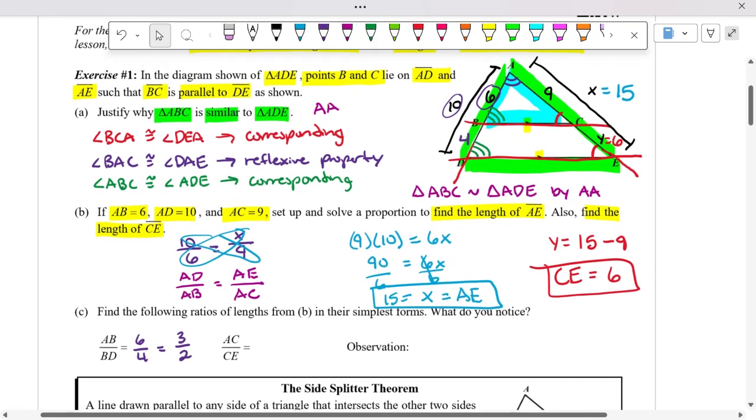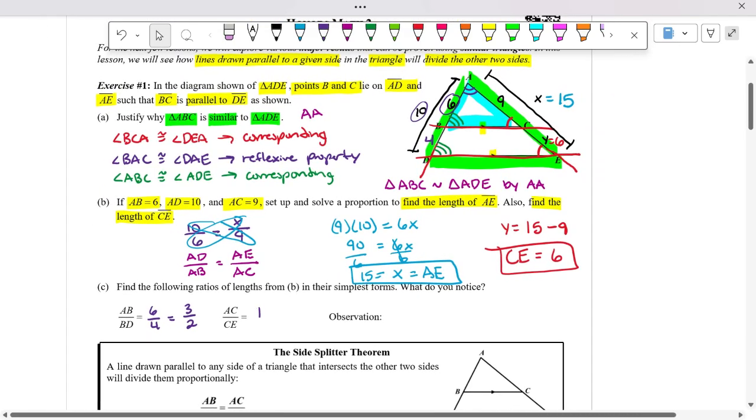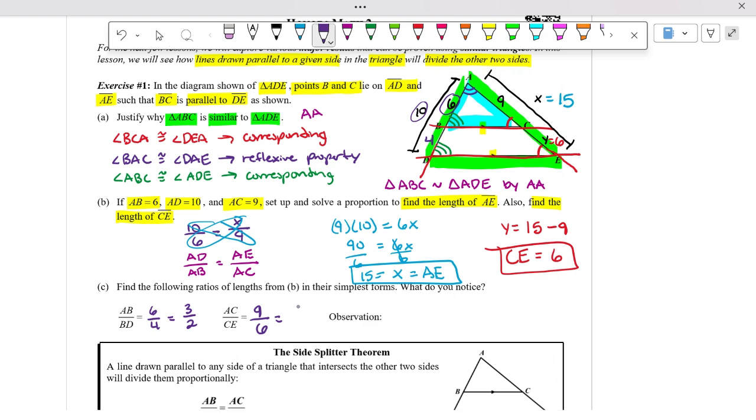All right. What about the other one? So AC over CE. So what's my proportion? 9 over 6. What does it simplify down to? 3 over 2. Now, what we did is we took the two pieces that make up AD and the two pieces that make up AE and we made them as proportions.